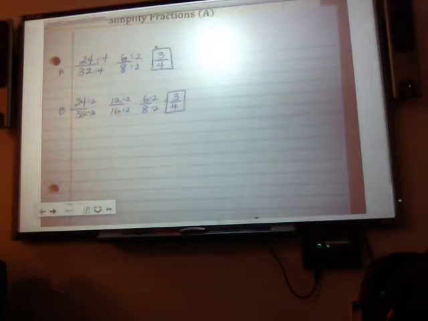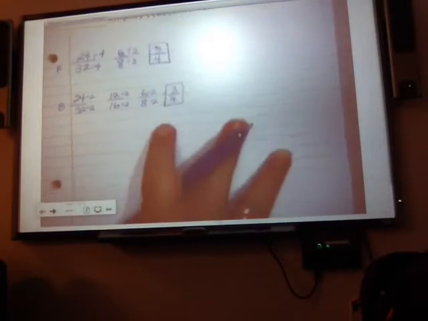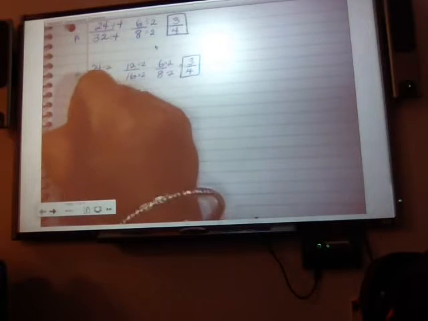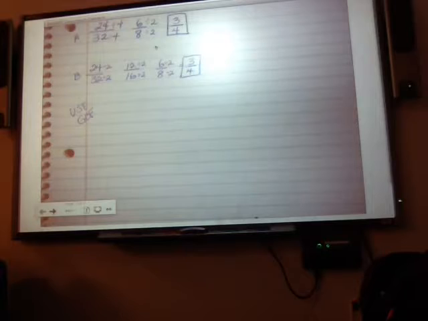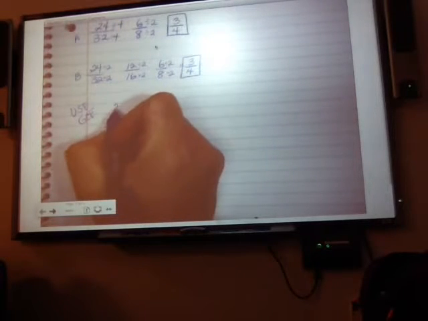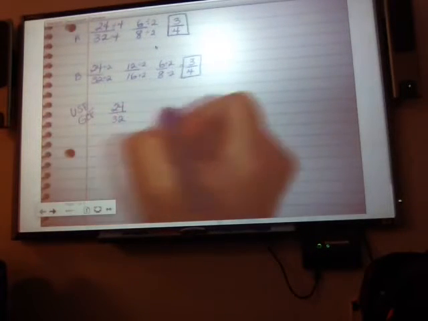Now, if you want to know a simple solution, is this right here. Watch this. You can use GCF. Means this right here, 24 over 32.